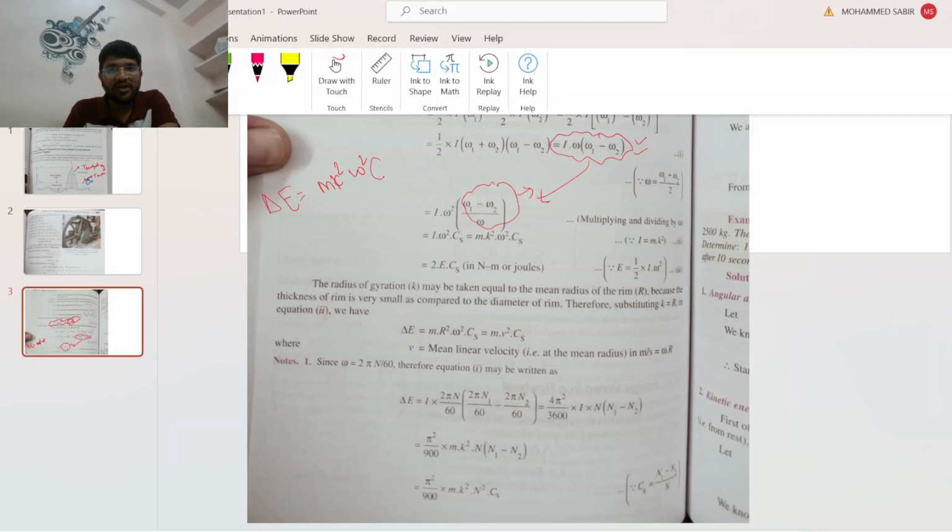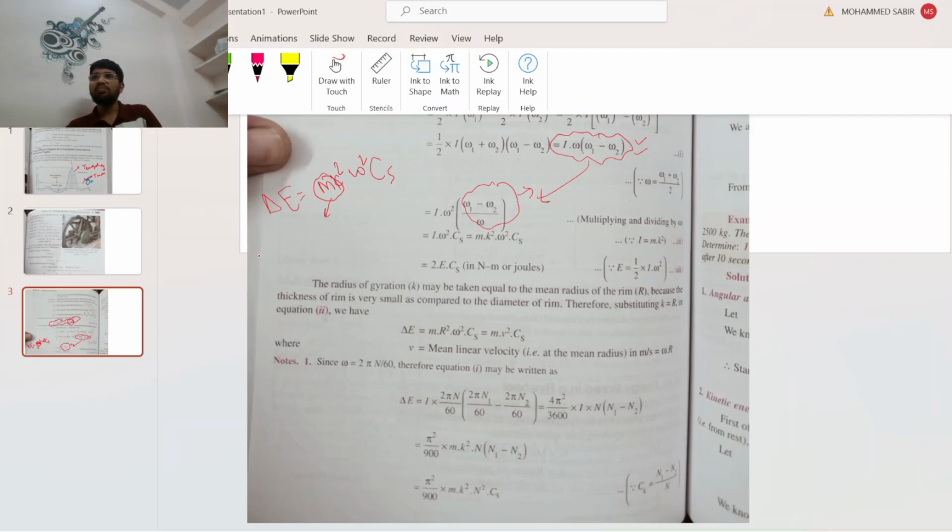C is the constant, and these two, m and k, are the design parameters. If we have a space constraint, then k is fixed, and at that time we will work on m. If the space constraint is not there, then as a designer, m is fixed, and we look into k, the radius of gyration. This is the space constraint factor. This is basically the flywheel design.